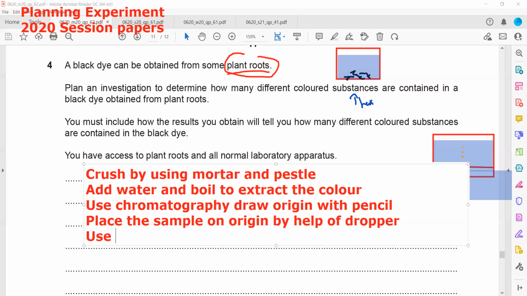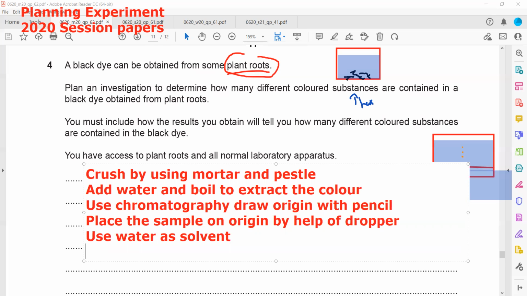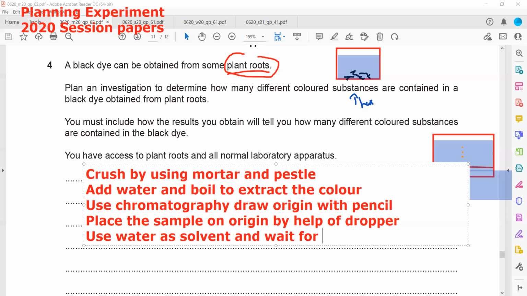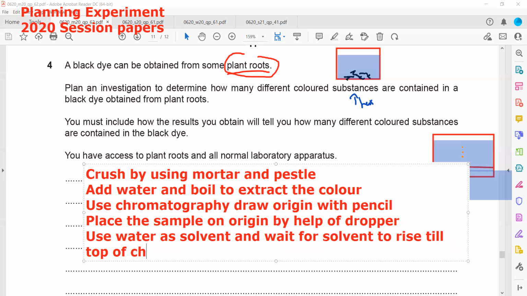Then use a solvent, like water as a solvent. And we'll wait for the solvent to rise to the top of the chromatogram or paper.